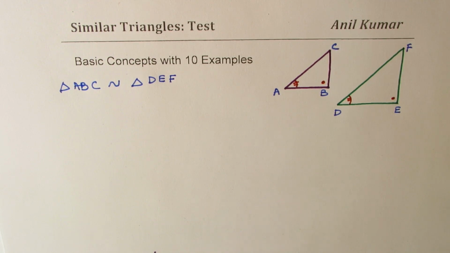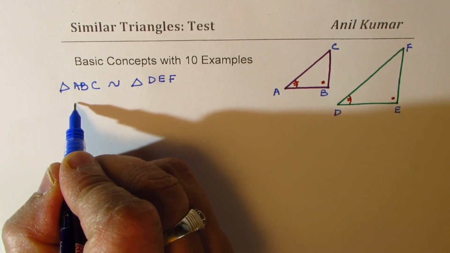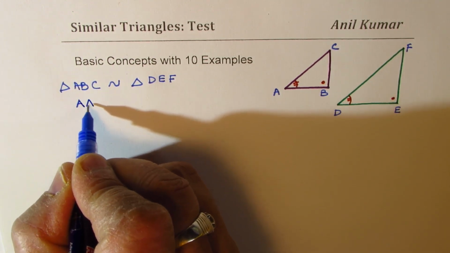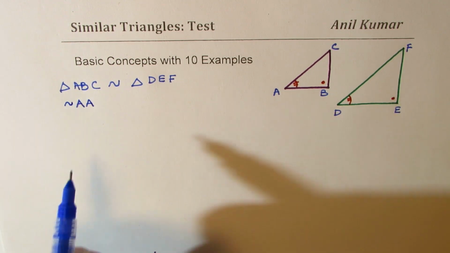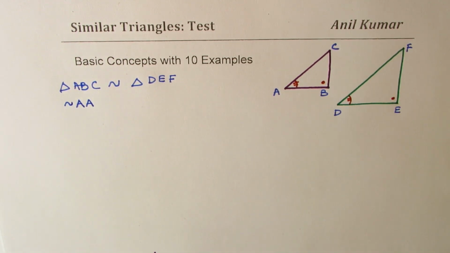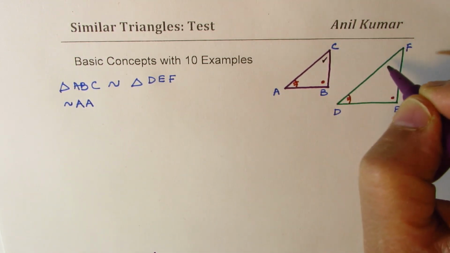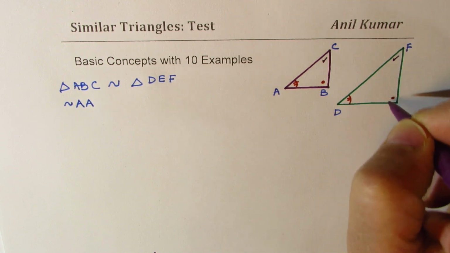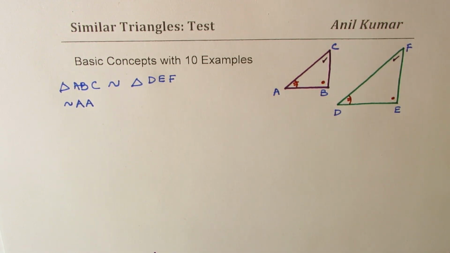Why are they similar? Because of the property we call AA property, AA similarity. Now two angles are enough to look into because the third will automatically be equal, right? So this third angle will always be equal if two are equal, since the sum of three angles is 180, correct? So that is how we basically understand similar triangles.